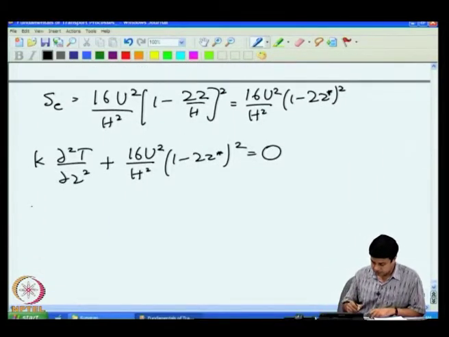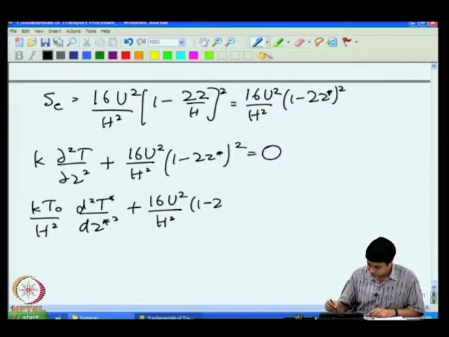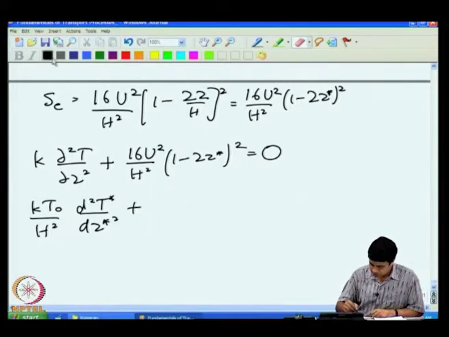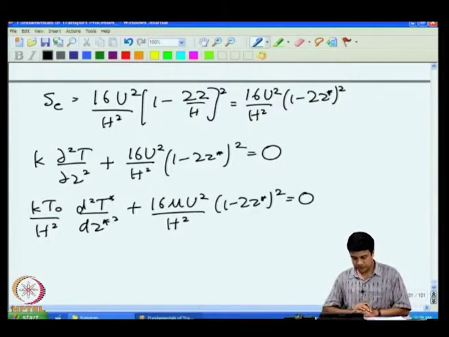With that scaling, you can write this as k T naught by h square d square T star by dz star square plus 16 mu u square by h square into (1 minus 2z star) square is equal to 0.